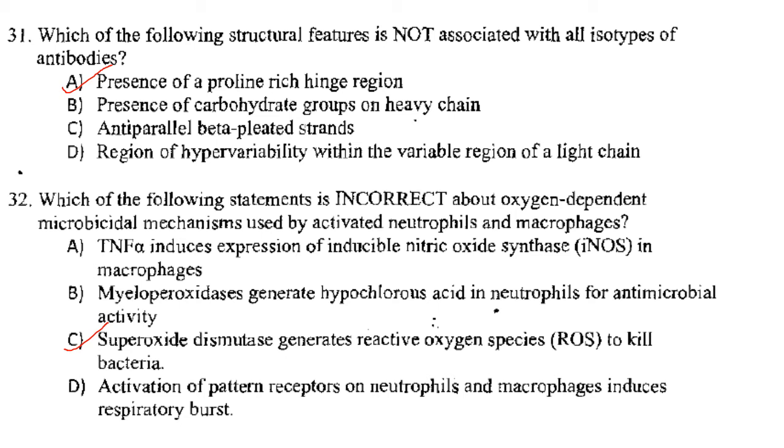Now, actually it is macrophages that produce superoxide and reactive oxygen species to kill bacteria. During infection, some bacteria produce superoxide dismutase to protect them from being killed. So superoxide dismutase doesn't generate reactive oxygen species to kill bacteria. It is macrophages that do, but some bacteria produce superoxide dismutase to protect themselves from being killed. So option C is the incorrect statement.